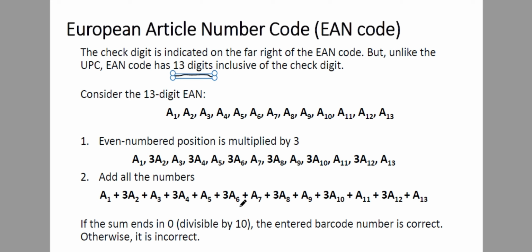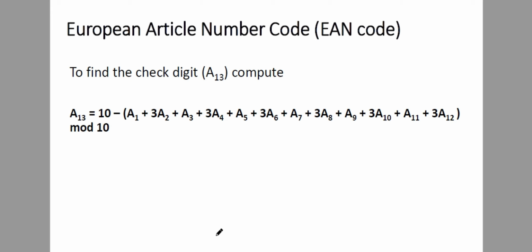So if that is the case, the entered barcode number is correct. So in short, it must be the same with the UPC. The sum of this one must be divisible by 10 in order for it to be valid. Otherwise, it is invalid.